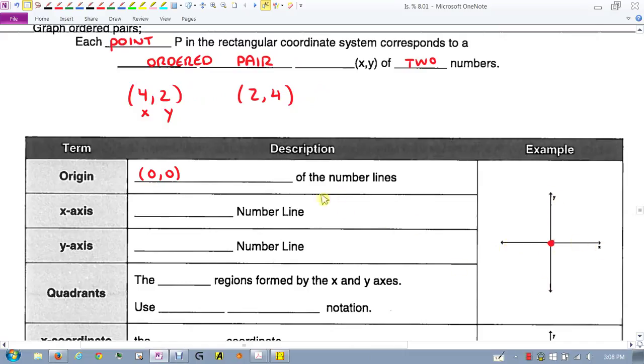So it's the intersection of the number lines. The x-axis is a horizontal one. The y-axis is our vertical number line.